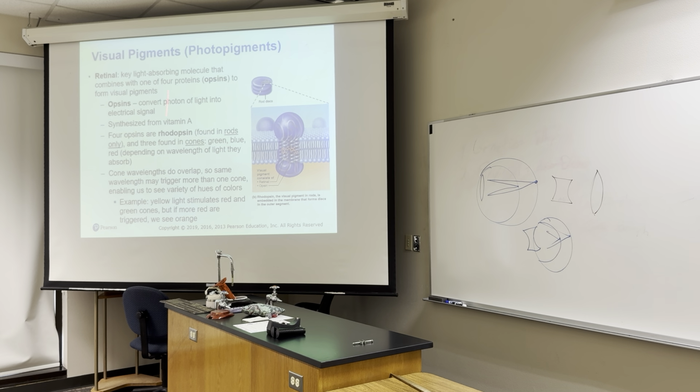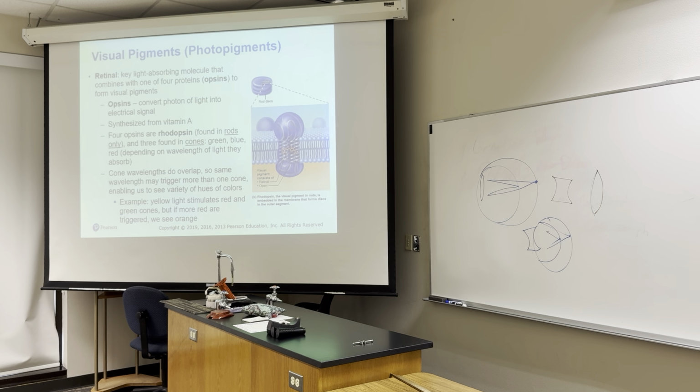So now let's talk about something important. What is the key light absorbing molecule in your eye? The main light absorbing molecule in your eye is called retinal. Retinal. What do we call it? Retinal. That retinal combines with opsin, the protein.